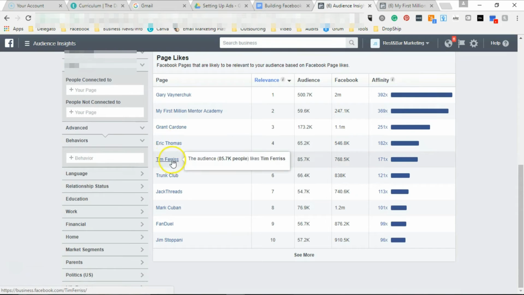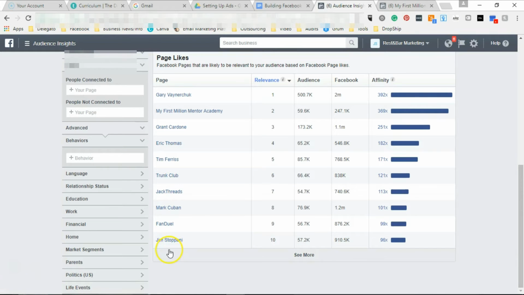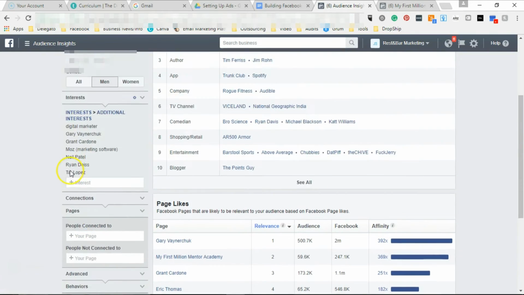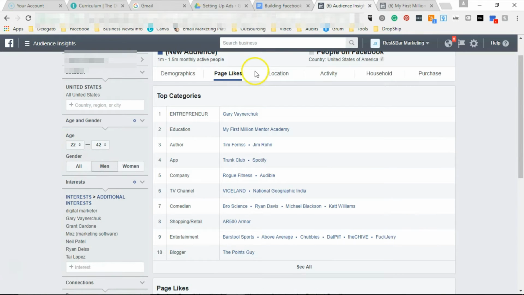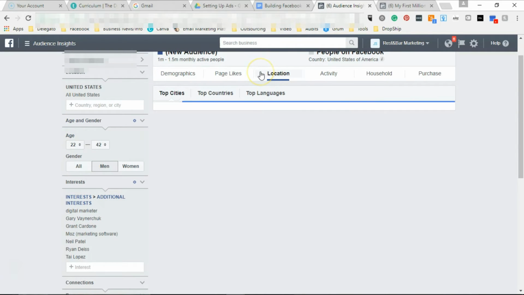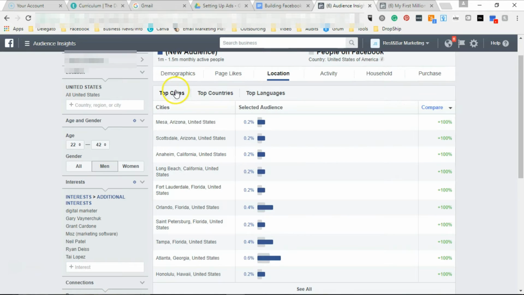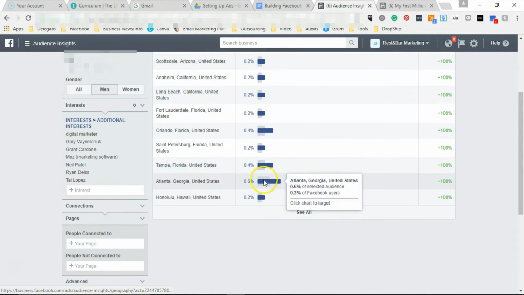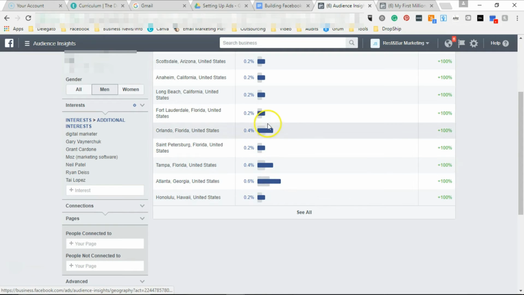So Eric Thomas, Tim Ferriss, these might be people that I'm interested in or want to set as interests for my target. Next is going to be your location tab, and it just shows you top cities, top countries, or languages. So you can see right here we have a higher affinity in areas like Atlanta, Georgia, Orlando.